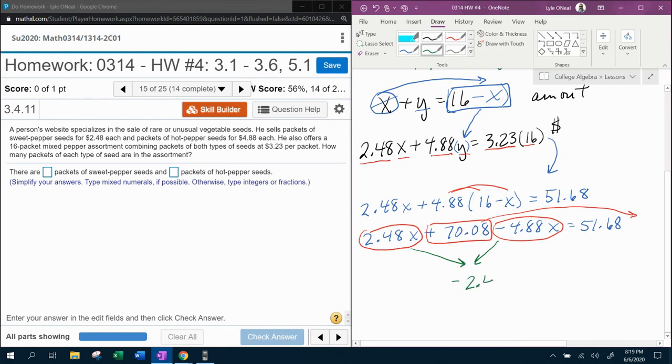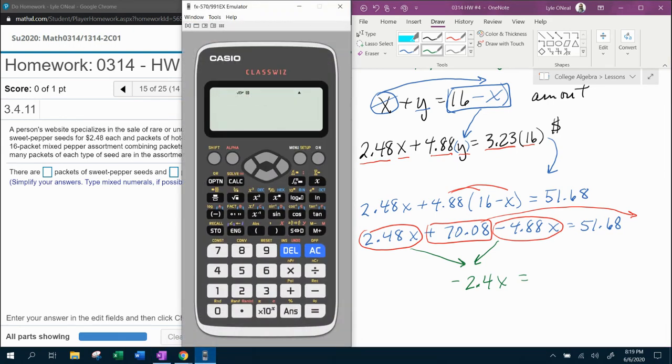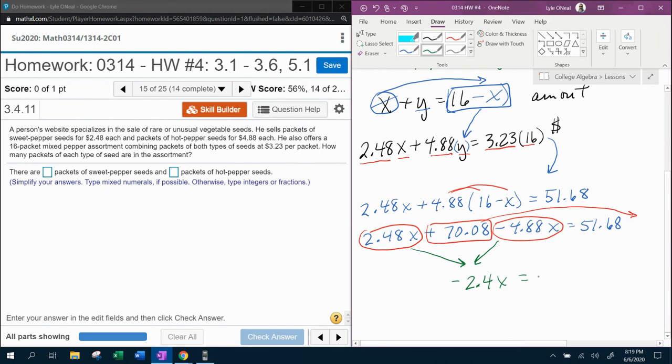Negative 2.4x equals. Now, when I bring the 70.08 over, it becomes minus. So that's 51.68 minus 70.08 equals negative 18.4.